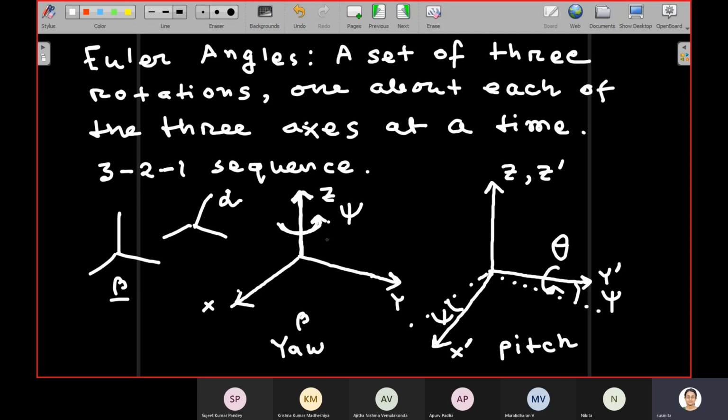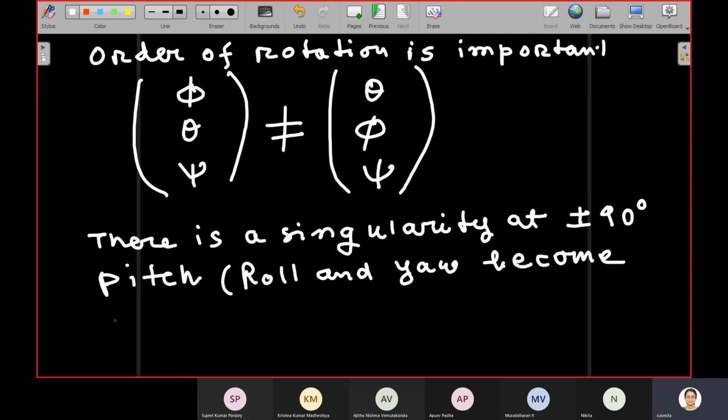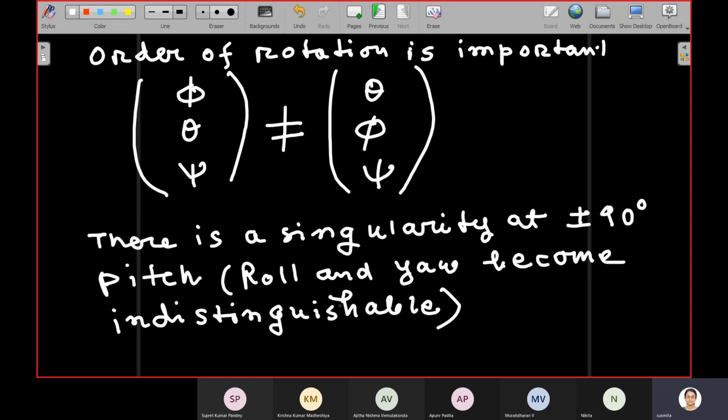Okay. This is why we say that there is a singularity at 90 degrees plus minus pitch. Then roll and yaw become indistinguishable. Okay, so you're basically doing the roll rotation about an axis which is parallel to the axis about which you already applied the yaw rotation, right?